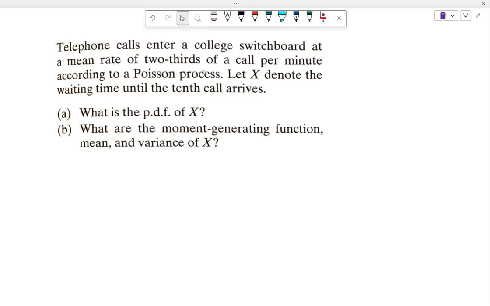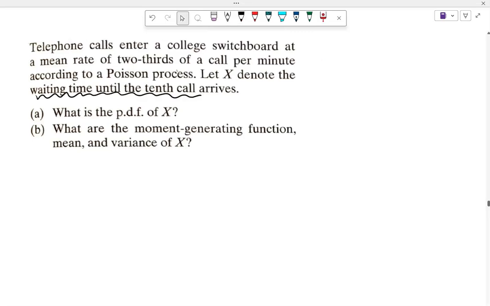This is a clue that you're using what's referred to as a gamma distribution. Gamma distributions have two parameters.